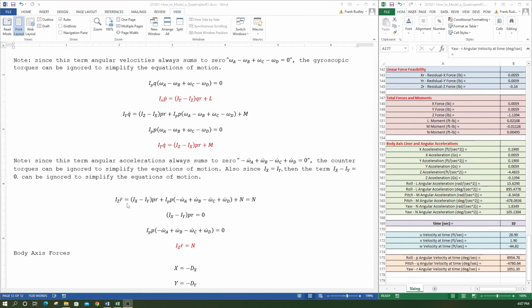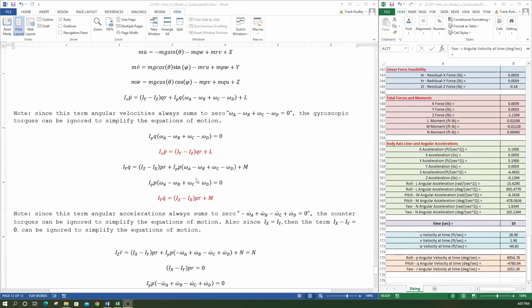So this would be our yaw equation over here. Another thing is because we have symmetry, Ix is equal to Iy. So this term cancels and goes to 0, and this term cancels and goes to 0. Likewise, if we go back to our pitch equation and our roll equation, this term goes to 0.